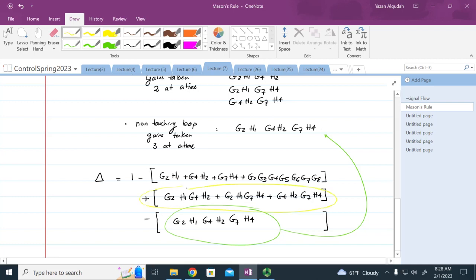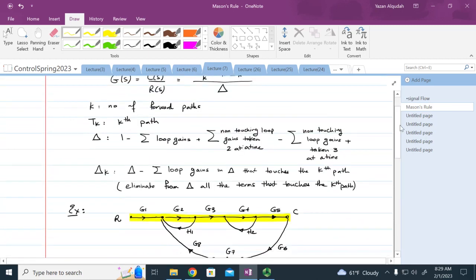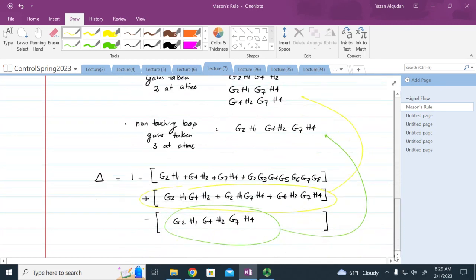Sorry, go ahead. We subtract when they're taken three at a time. I think I had it wrong. The two, we add them. The three, we subtract. Yeah, I wrote it down wrong. I was making sure. Okay.